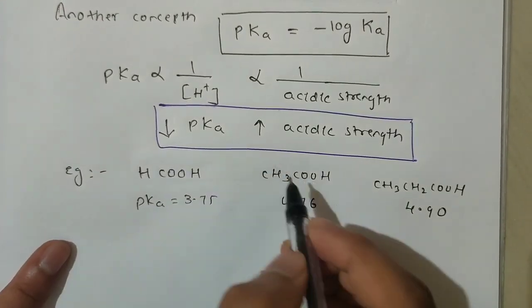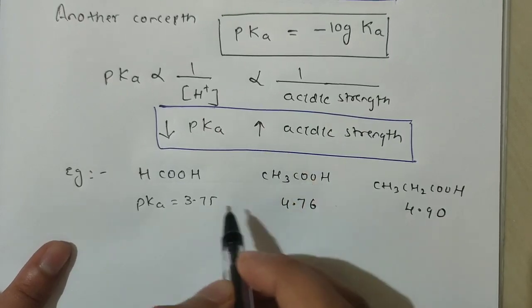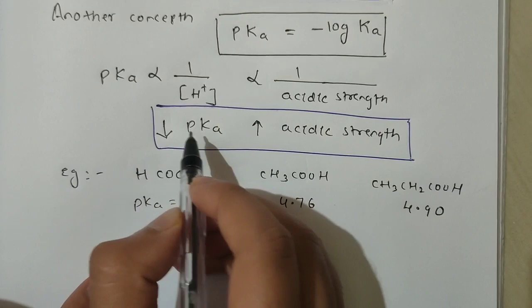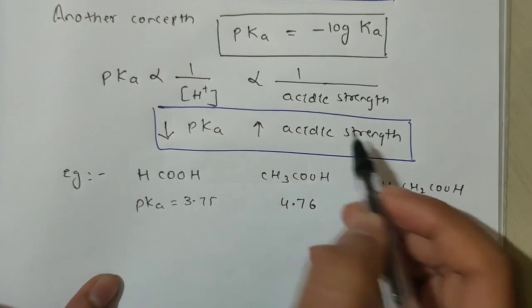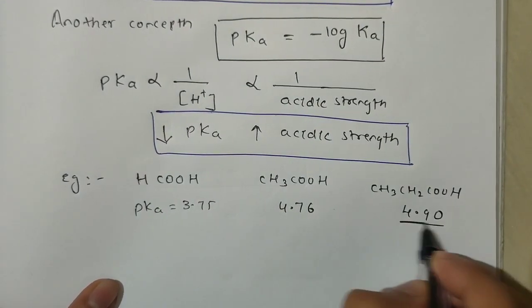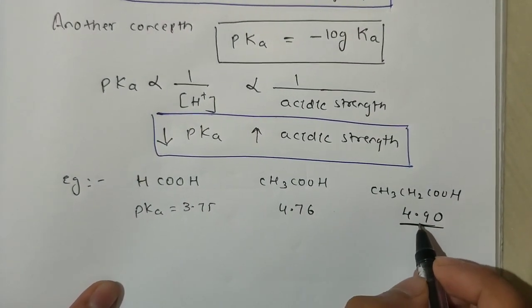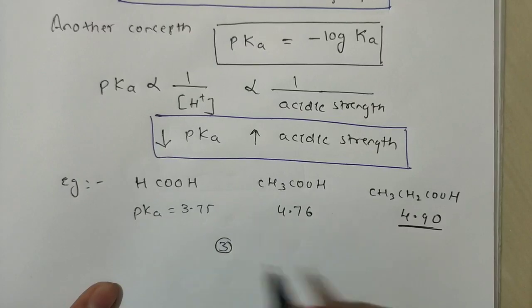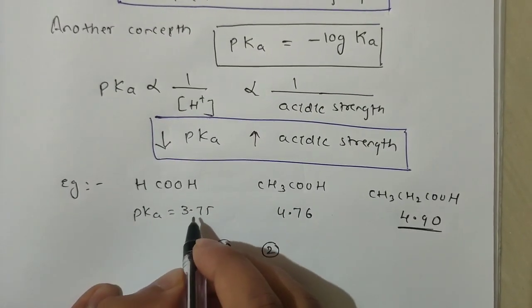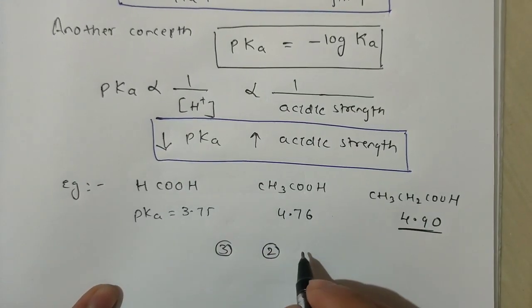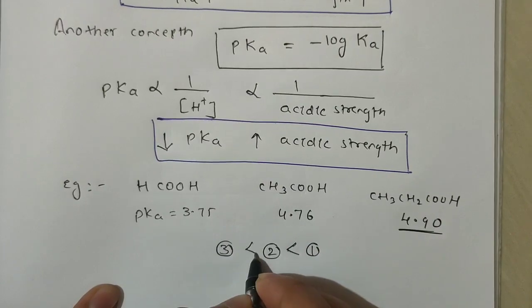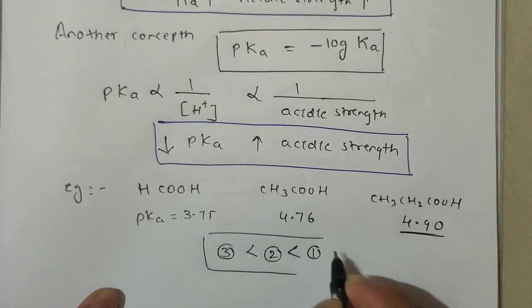By knowing this rule or trick, apply it to find which one is more acidic. Obviously, the higher the pK value, the lesser the acidic strength, or the lesser the pK value, the higher the acidic strength. So the highest pK value comes last, next comes 4.76, and which one is lowest? Formic acid is the lowest. That's why, the lesser the pK, the higher the acidic strength. So this will be the order.